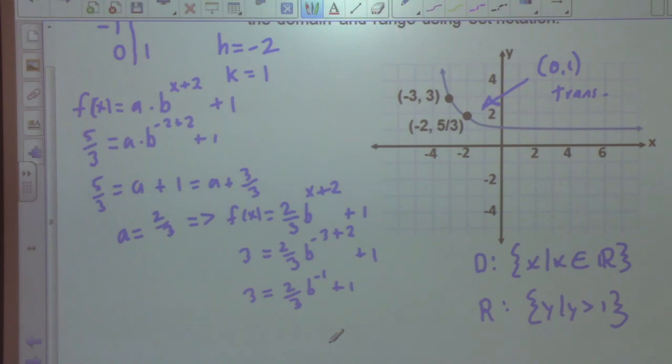What next? So we subtract 1 here. Everybody see that, subtract 1? So we get 2 equals 2/3, and what happens to this b to the negative 1 power? It goes to the bottom, yes.